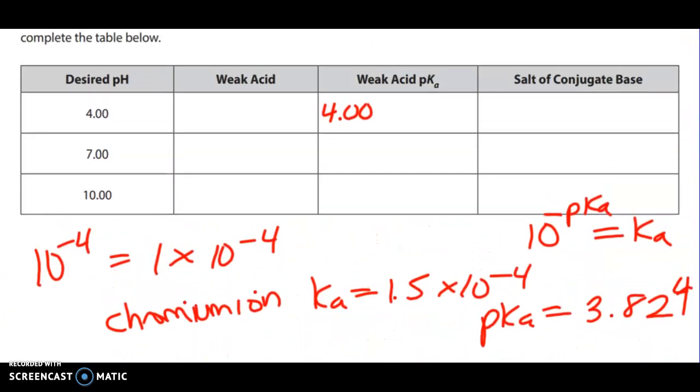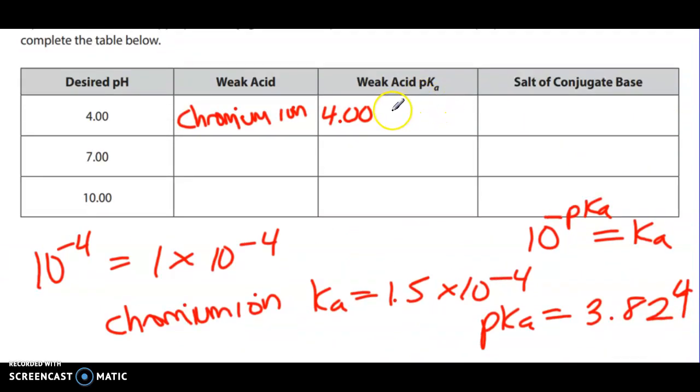So even though your textbook answer key says benzoic, I'm going to argue on that one and say that it's the hexaaquochromium ion, or I'm just going to put in here the chromium ion. So the pKa value, we wanted it to be as close to 4 as possible, but it's 3.82.